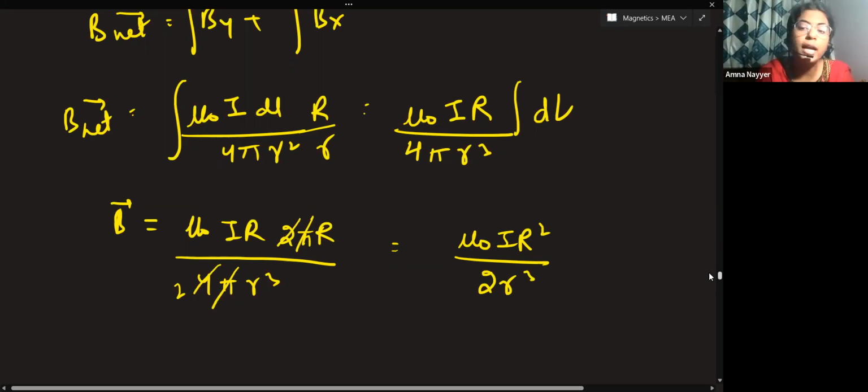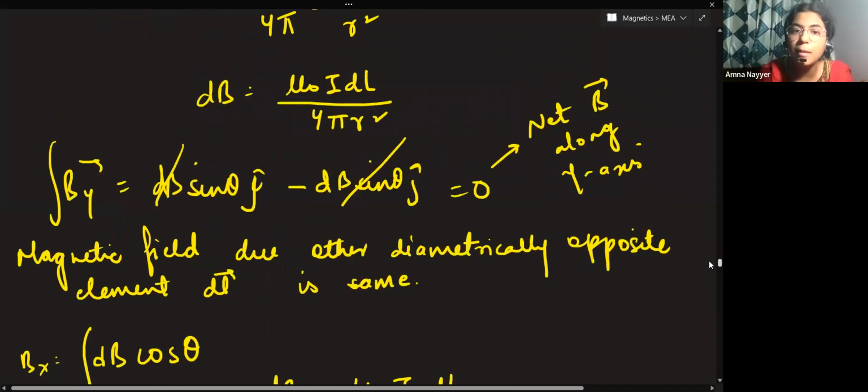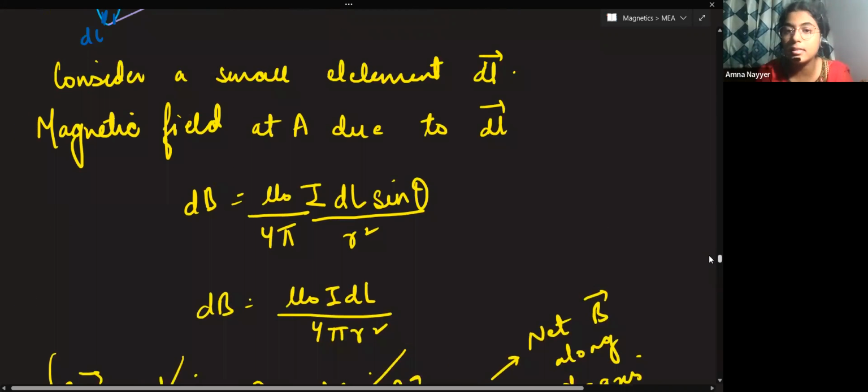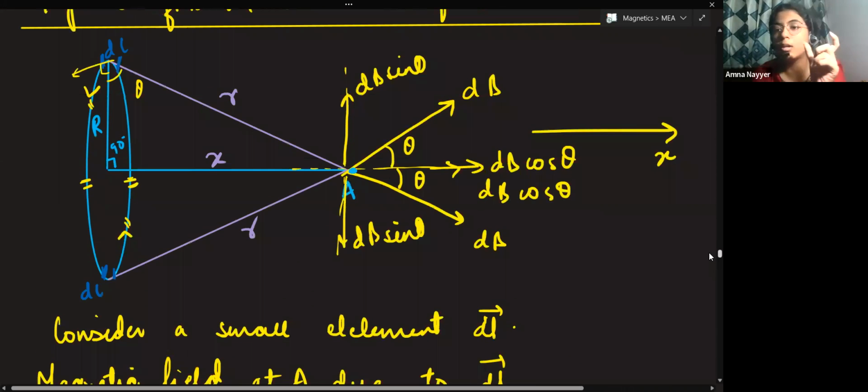We have to write the answers in terms of x and capital R. X is the separation of the point on the axis from the center. Let me write what is X and what is R. But at least looking at this figure, you can say small r will be equal to under root R square plus x square. Let's just substitute this value.